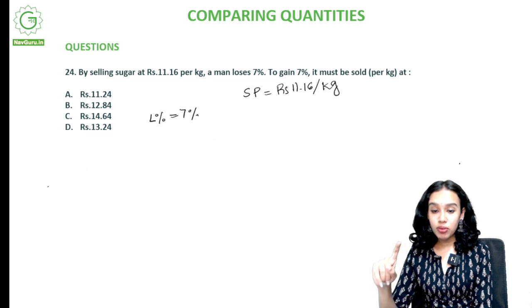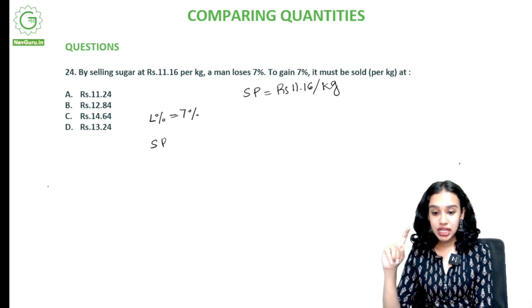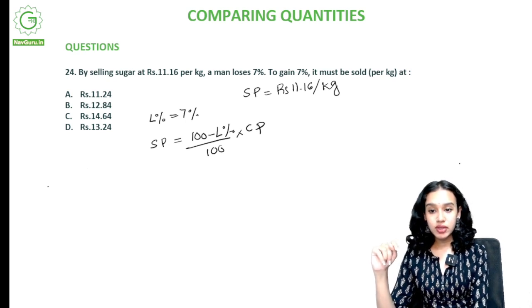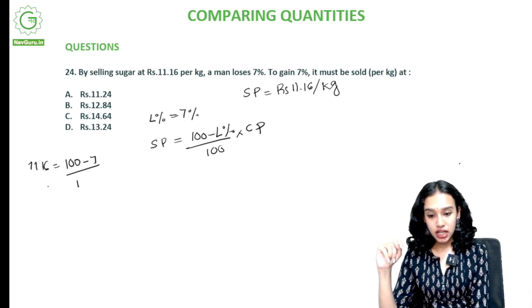Now, we learnt a formula that selling price is equal to 100 minus loss percent by 100 into the cost price, right? So we know the selling price here, which is 11.16. This is equal to 100 minus 7 by 100 into the cost price.